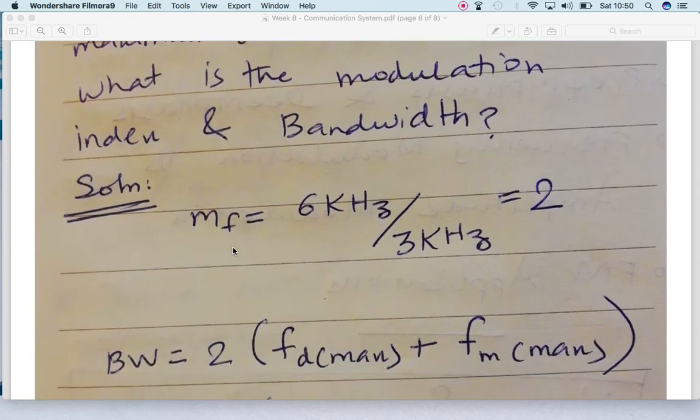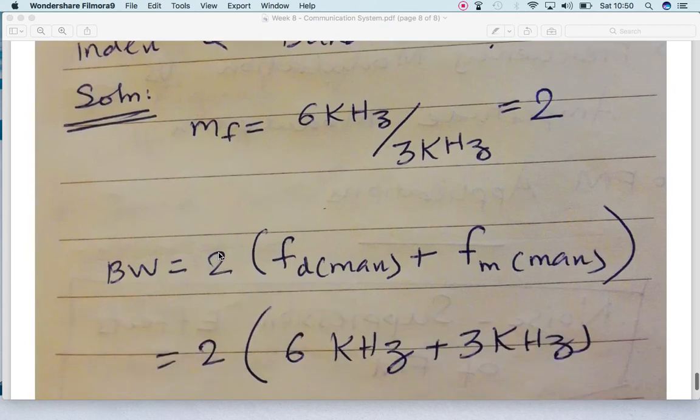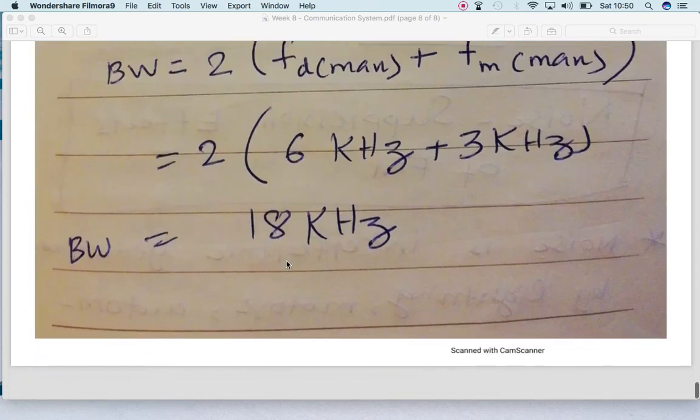For the modulation index we already know the formula, MF is equal to FD by FM, and putting the values of FD and FM we get the value of 2 for the modulation index. Similarly, for the bandwidth we have this formula, where we put in both values to get the final bandwidth.